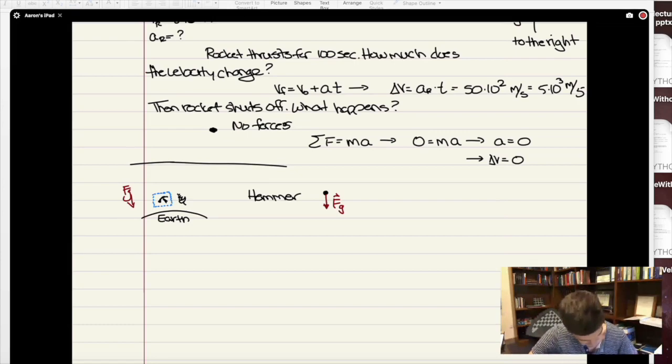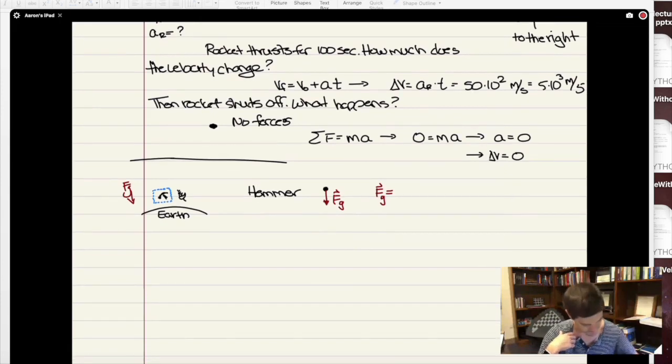I could be more specific here, and I could say Fg is, now I could make it positive mg, or I can make it negative mg. Depends on how I want my coordinate system to be. Maybe this time I will make down positive. So I'm assuming towards the Earth is in the positive direction.